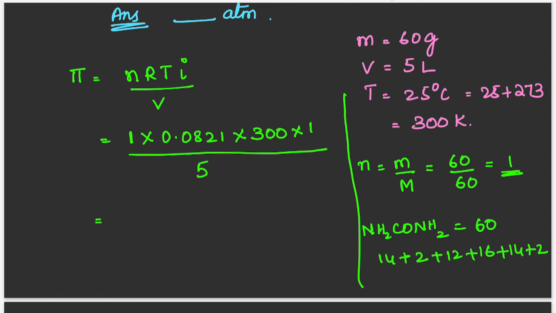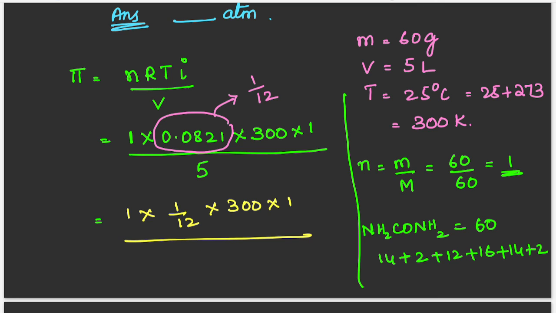So the trick you can use here is this: the 0.0821 value, you can take it as 1 by 12. So this is approximately equal to 1 by 12. Now substitute that: 1 by 12 into 300 into 1 divided by 5. Now is it very easy to calculate?